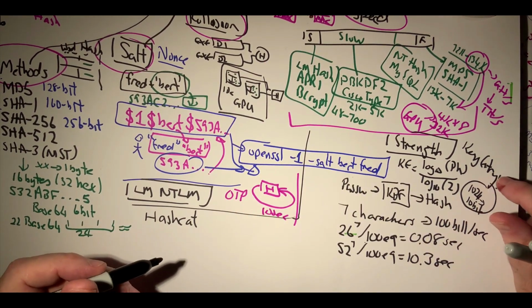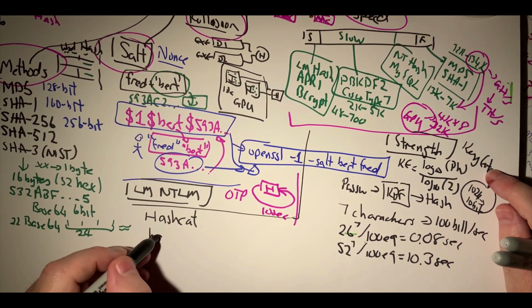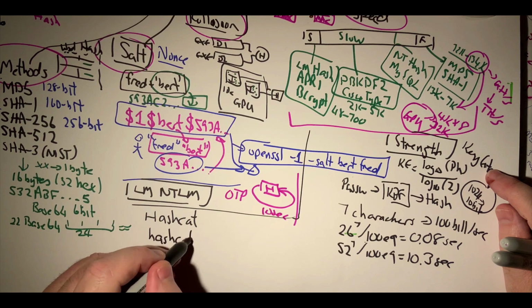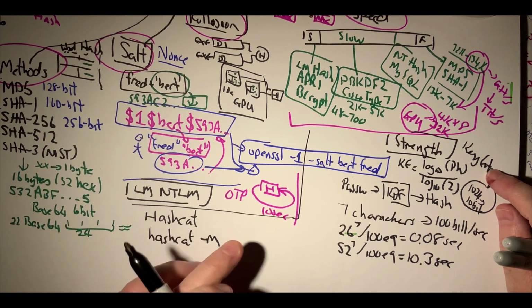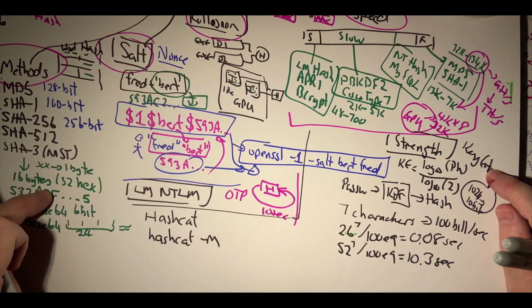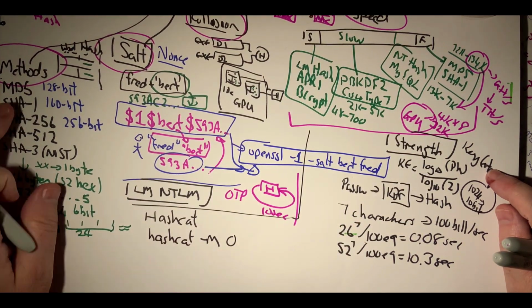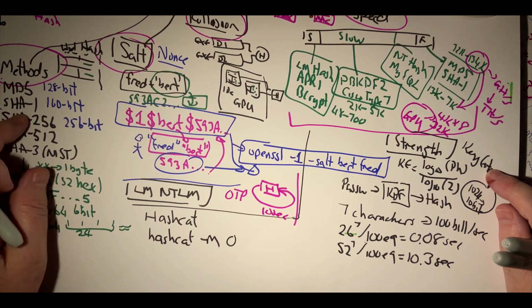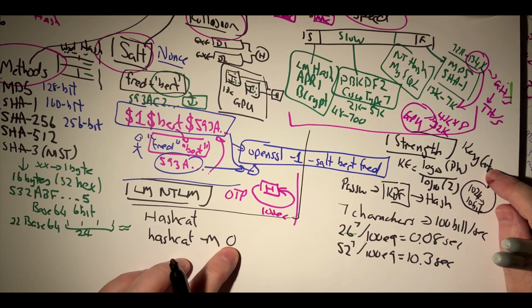So with Hashcat, what we do is run the command, and then -m, and then we put the method after that. So 0 is MD5, and then we'll have another value for each of these different methods here.